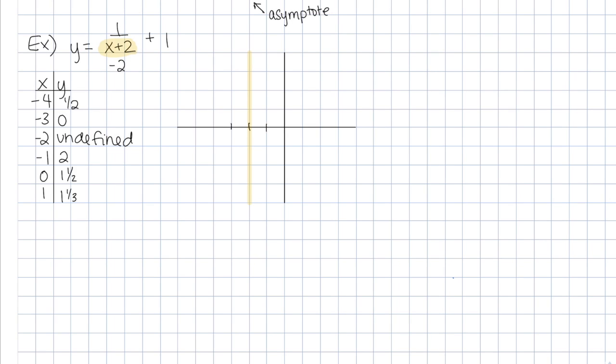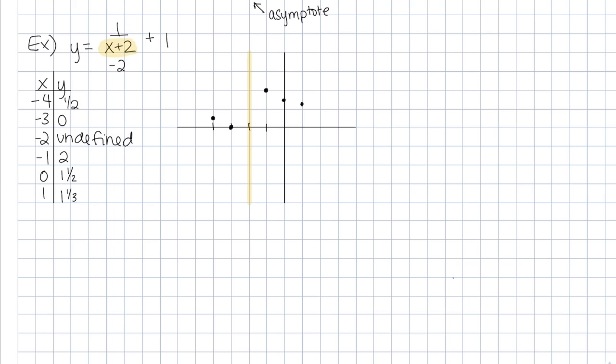And if we plug in -4, then we get 1/2. If we plug in -3, we get 0. If we plug in -2, it's undefined. Okay. If we plug in -1, then we get 2. If we plug in 0, we get 1 1/2. And plug in 1, we get 1 1/3.